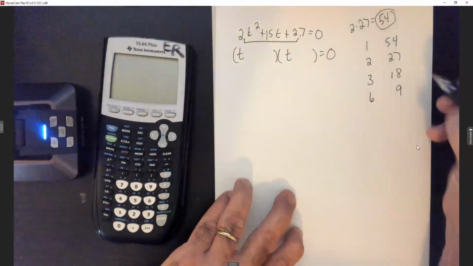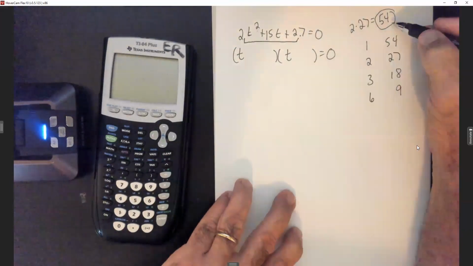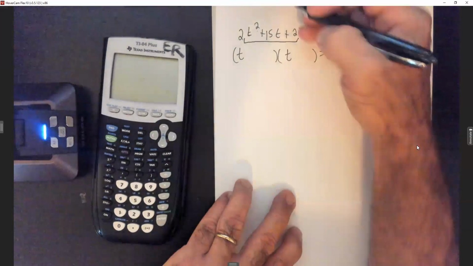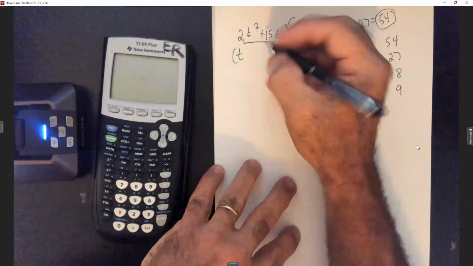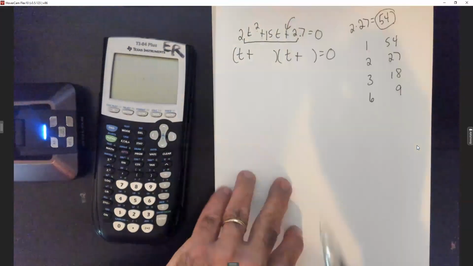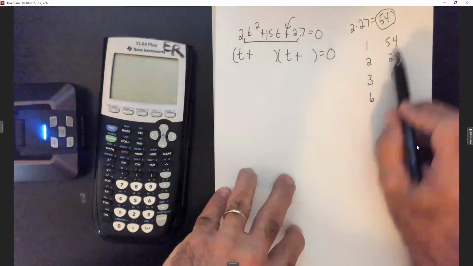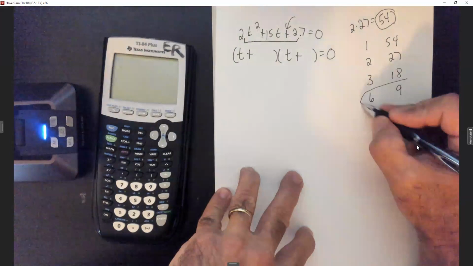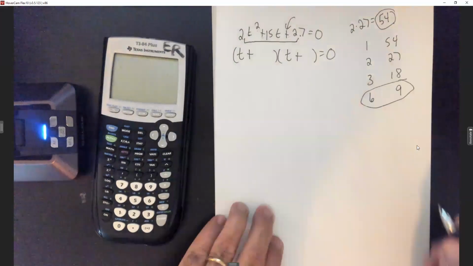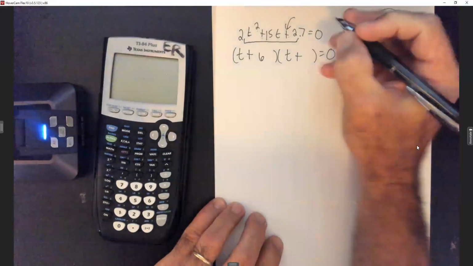Those are all the combinations to get 54. The ones that add to get 15, because remember, that's positive. So both of these signs will be positive like that middle number. And then since it's positive, you want factors of this 54 that equal 15 when you add them. And that would be 6 and 9. 6 plus 9 is 15. So I get a 6 and a 9.